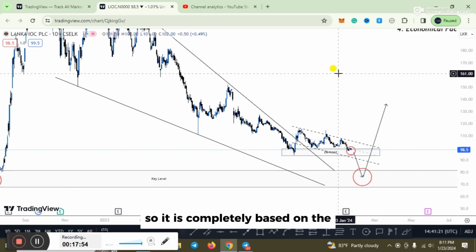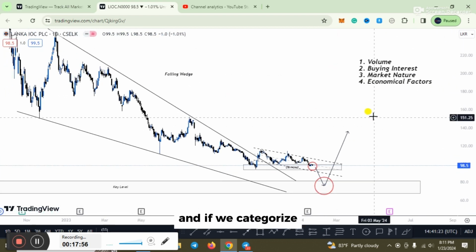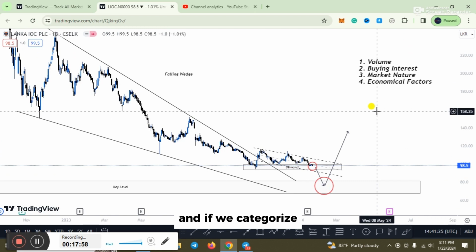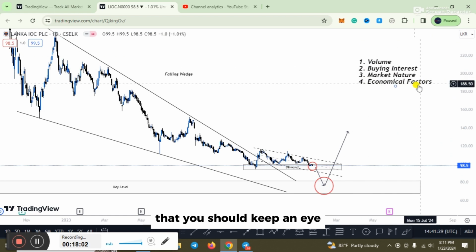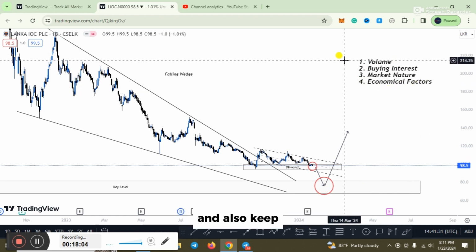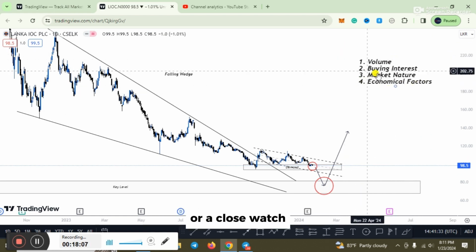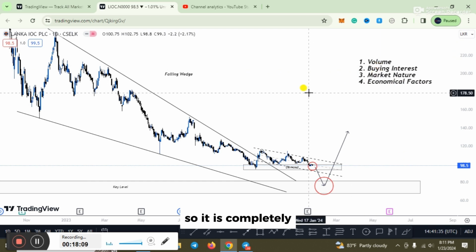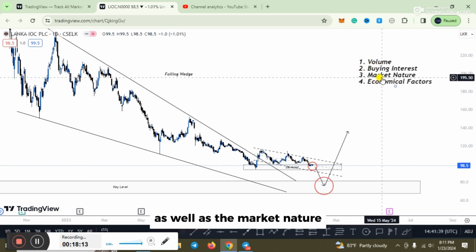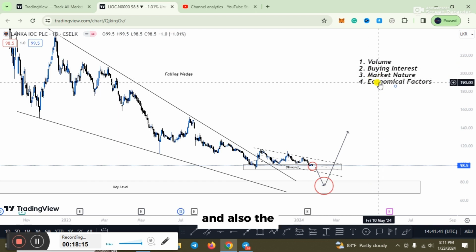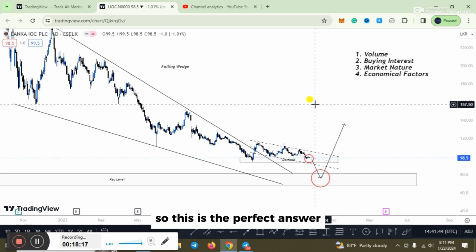It is completely based on the fundamentals, and if we categorize the key factors, these are the key factors that you should keep a close watch on. It is completely depending upon the volume and also the buying interest, as well as the market nature and also the economical factors. So this is the perfect answer, I believe.